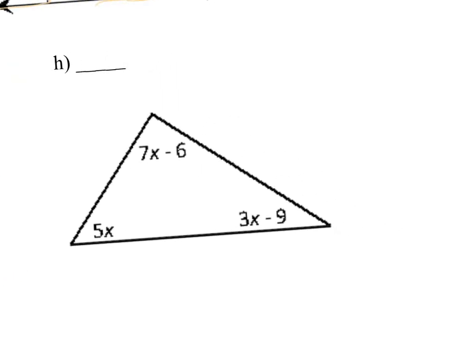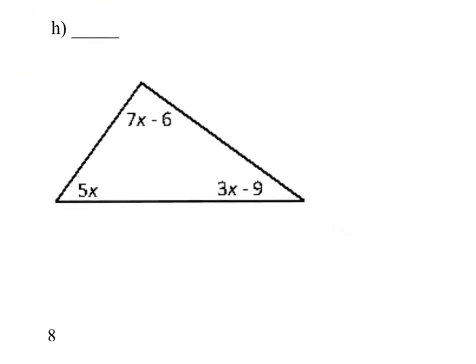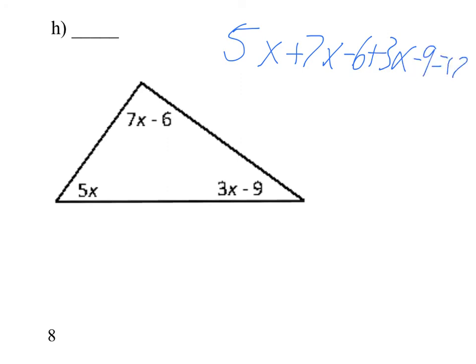Here, these are all going to add up to equal 180 degrees. So 5x plus 7x minus 6 plus 3x minus 9 equals 180. Combine like terms. 15x, negative 9, negative 6, negative 15 equals 180.